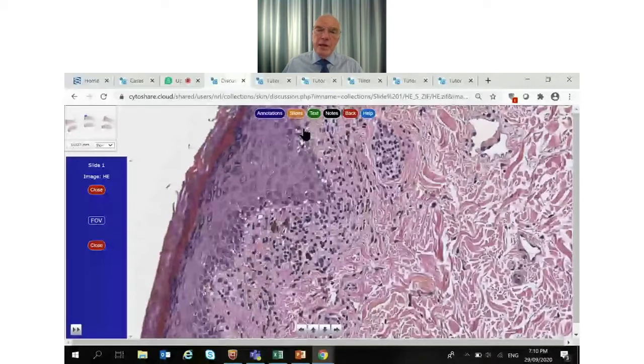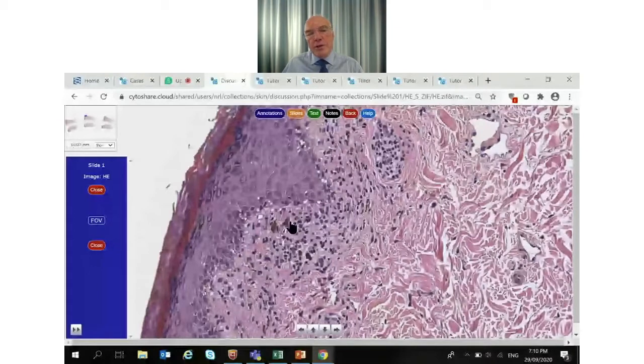And the basal layer of the epidermis, instead of being very rounded, has got rather angulated. You know, a lot of pathological terms are very imaginative, and this is described as looking like a saw that you might use for sawing up a piece of wood, sawtooth profile to the basal layer.